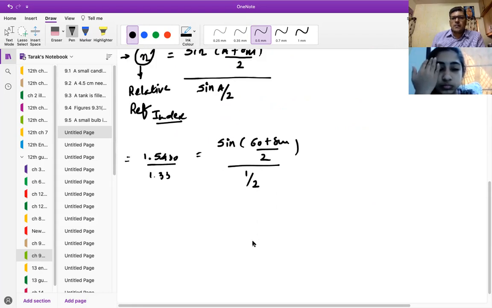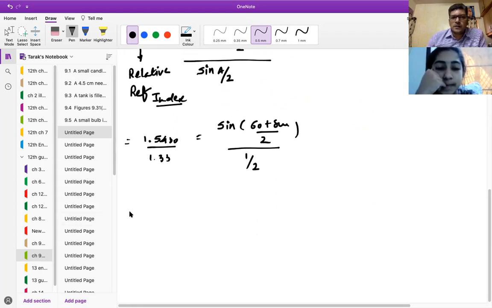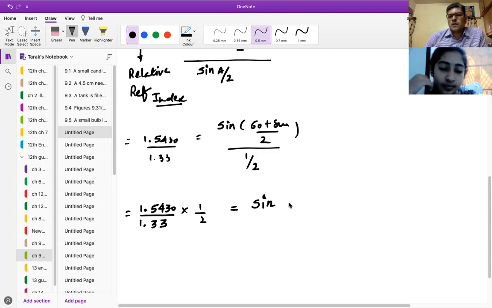So directly I'm putting here 1.5430 multiplied by 1 by 2, divided by 1.33, equals sine of (60 plus delta n) divided by 2.